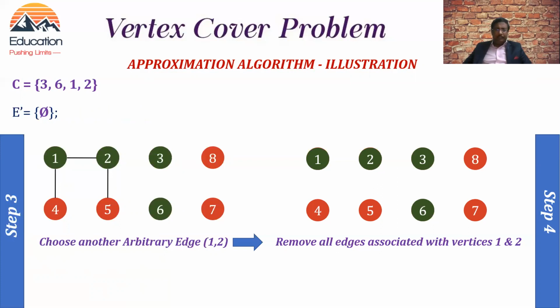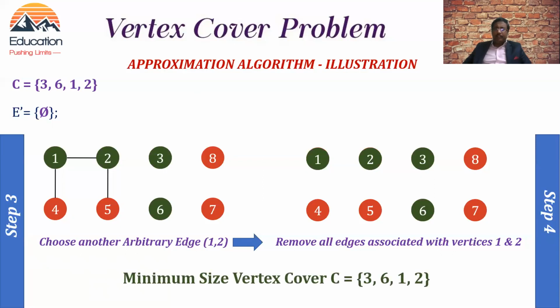When E dash becomes null, when there are no edges left, whatever is available in the set C is the minimum size vertex cover. So through vertices 3, 6, 1 and 2, I can access all the vertices of the undirected graph G. So the minimum size vertex cover is 3, 6, 1 and 2.